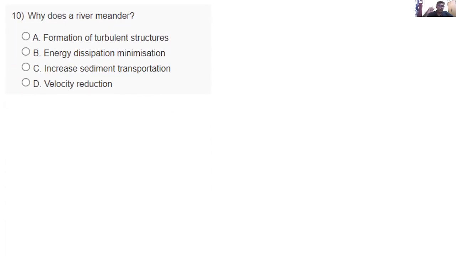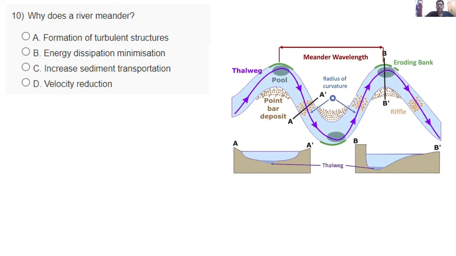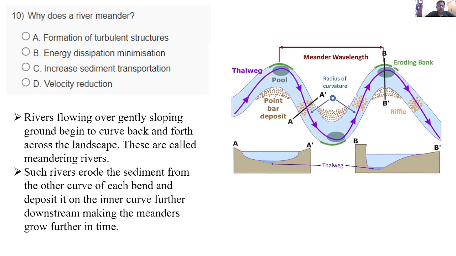Final question: why does a river meander? Before that, I would just want to show you the rivers. Basically, whenever rivers flow over gently sloping ground, they begin to curve back and forth, which is termed meandering in technical terms.